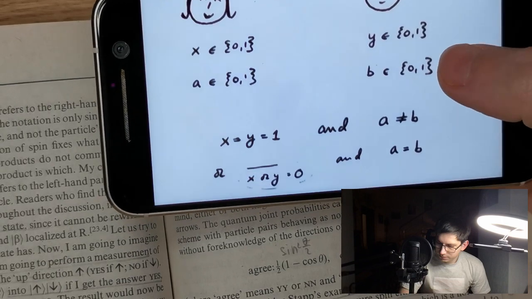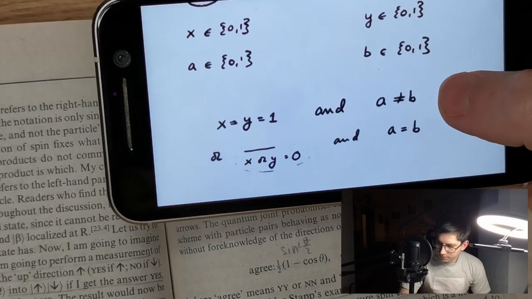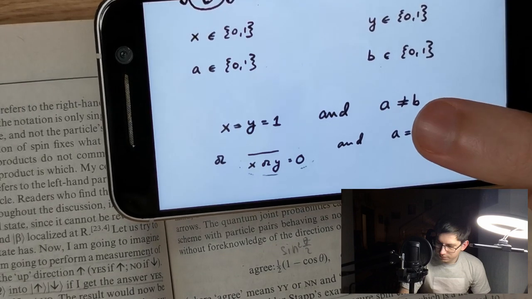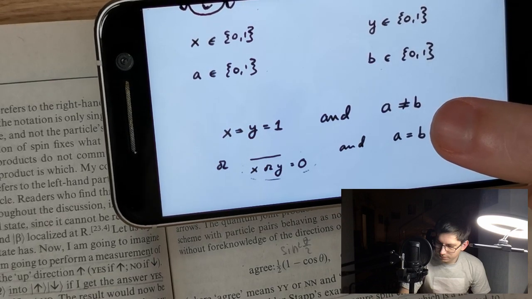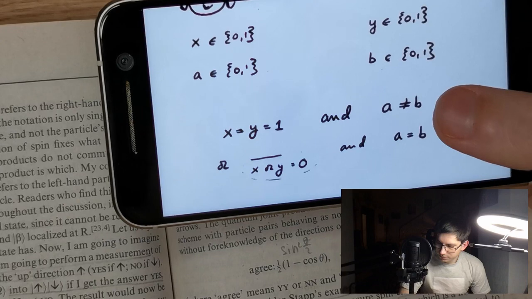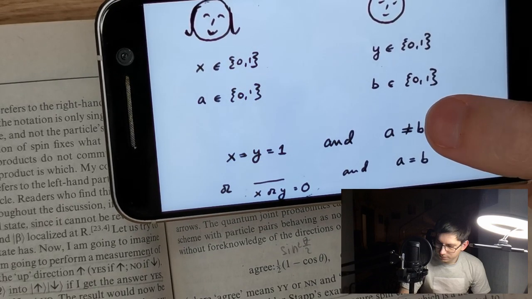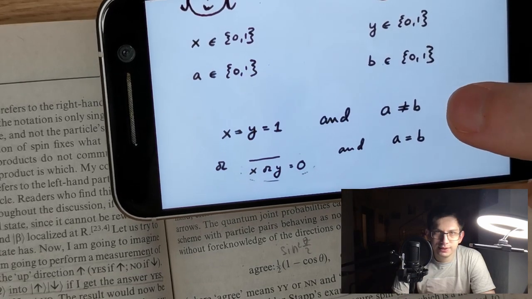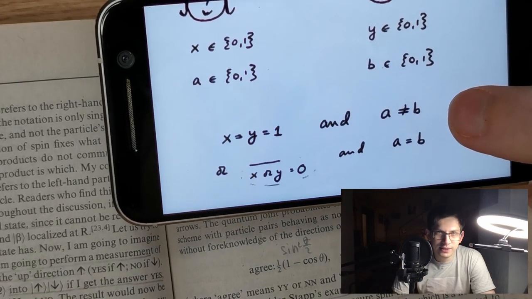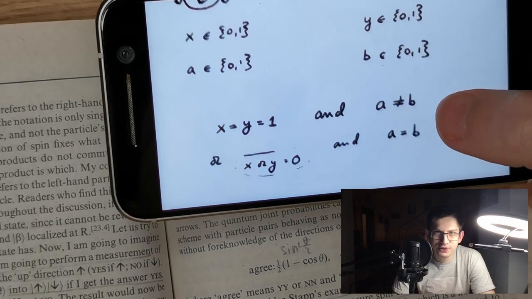And the game has the next rules, basically, that if the inputs are both equal to 1, then to win they should produce different outputs. Like A shouldn't be equal to B. And in all other cases they should output the same numbers.